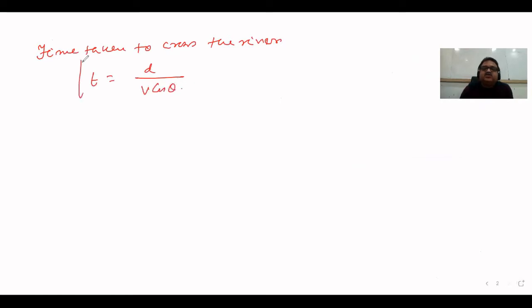So if the man swims in the direction making an angle theta with the perpendicular, the value would be t equal to d by V cos theta.